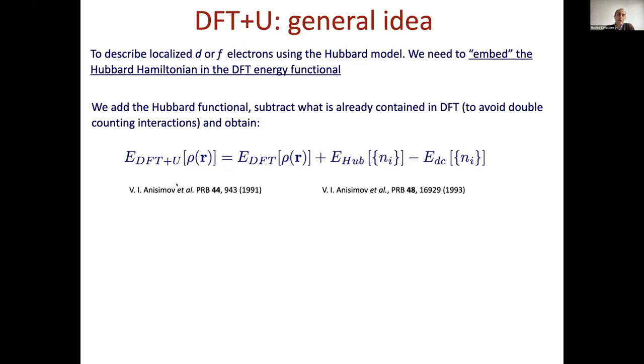Now, as was mentioned yesterday by Professor Mazzari, DFT+U was introduced in the early 90s by Anisimov and co-workers, and these are two of the early papers on this method.